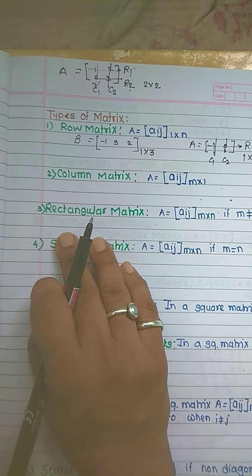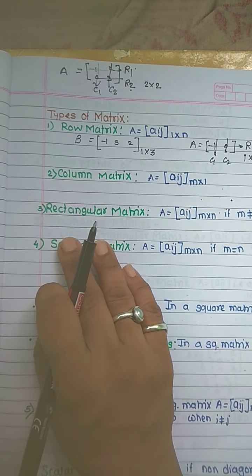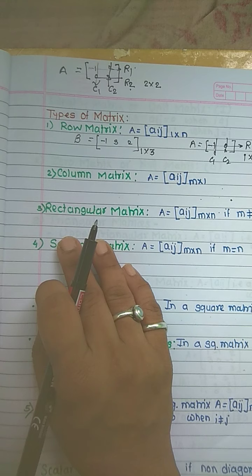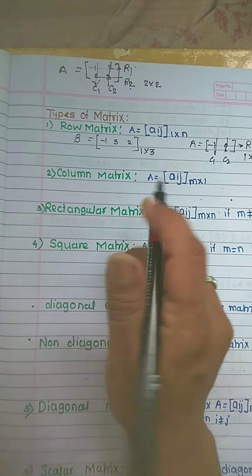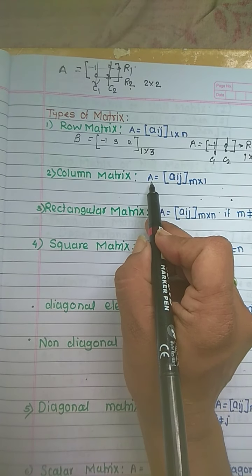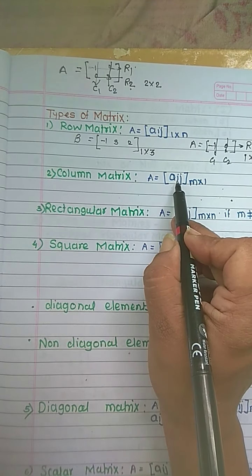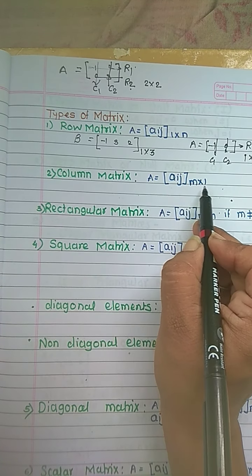Second matrix is the column matrix. Column matrix definition: a matrix which contains only one column is called a column matrix. In general, it is written as capital A equals [aij] of order m by 1.